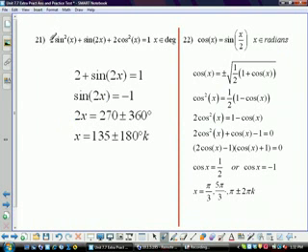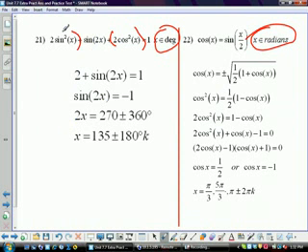Number 21 is unrestricted domain, and 22 is unrestricted domain. What I did for this one, I saw that 2 cosine squared of x plus 2 sine squared of x is just 2 times cosine squared of x plus sine squared of x, correct?